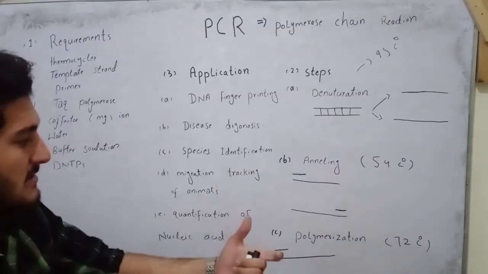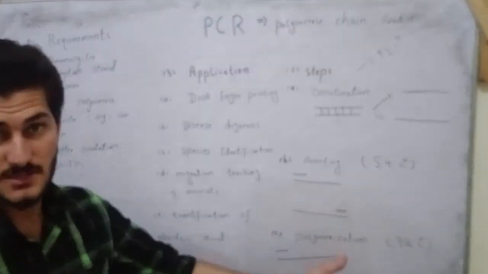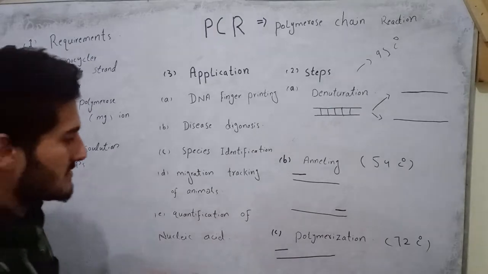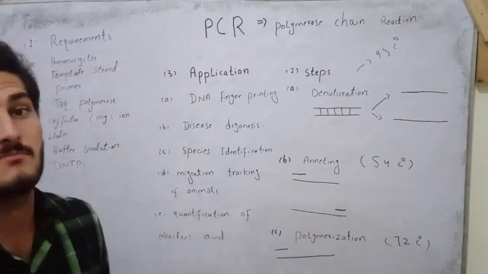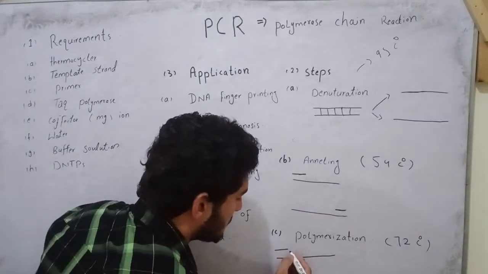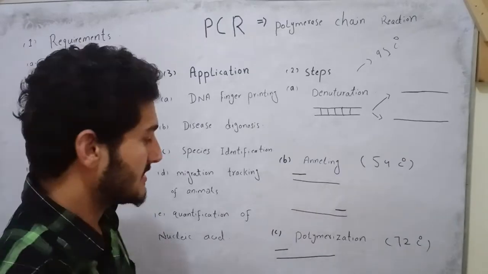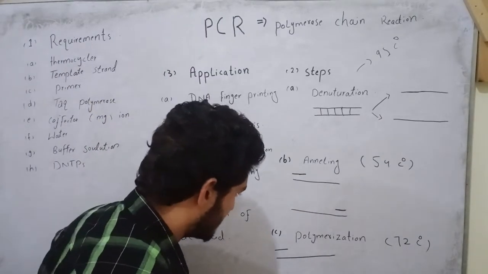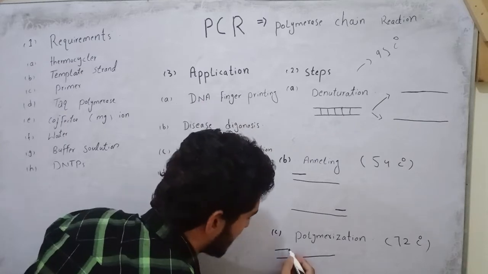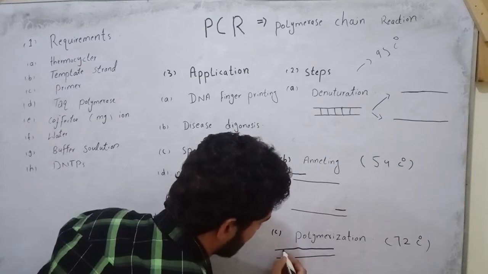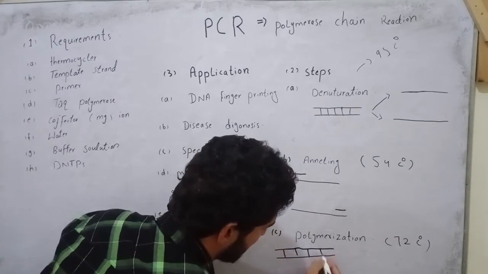Now, when we increase the temperature to 72 degrees centigrade, the Taq polymerase attaches dNTPs which are present in our master mix. They attach nucleotides one by one and make a double-stranded DNA like that. Polymerase does its work, adds nucleotides and makes a double-stranded DNA molecule.